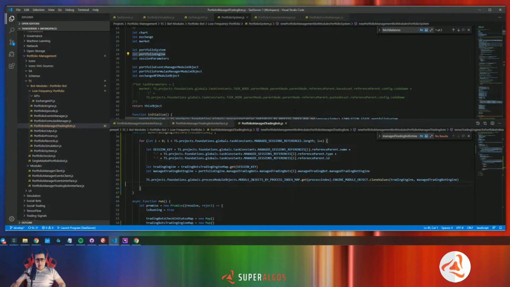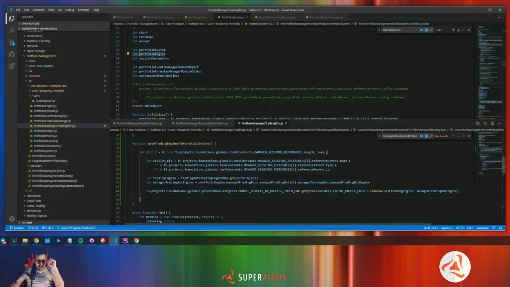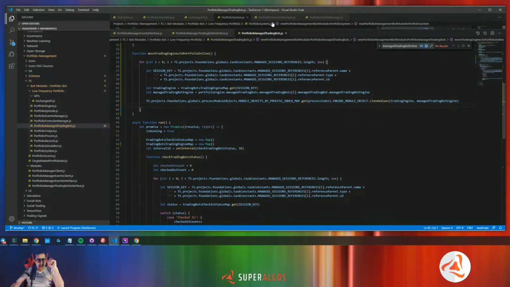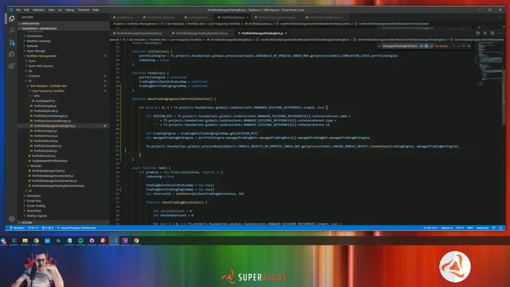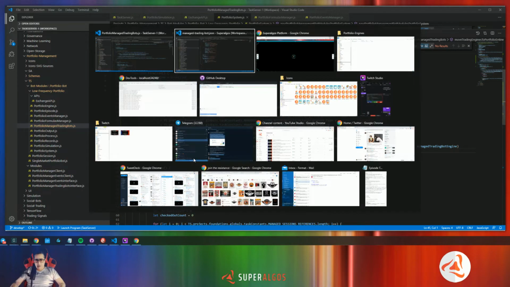Then we have our code that is more or less like this. Okay, so we are going to iterate through all these guys. So let me check something here.